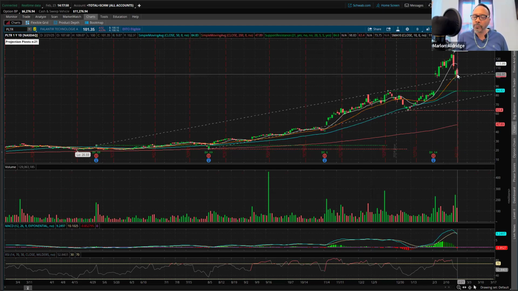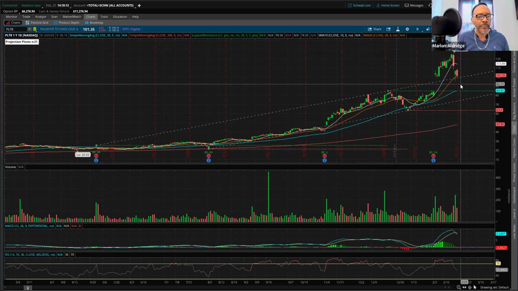Anytime you see the candlestick in red, we can see that the closing price was less than the opening price. Here, this stock, if we look up here to the left again, we can see it opened up at $107.68, and it closed at $101.35.